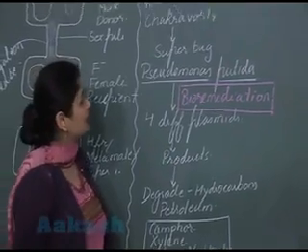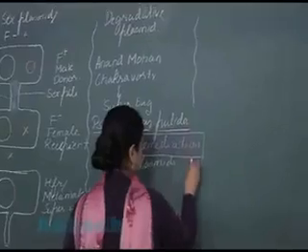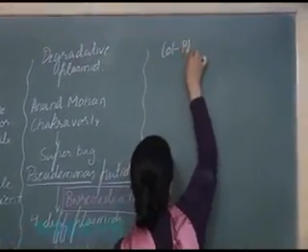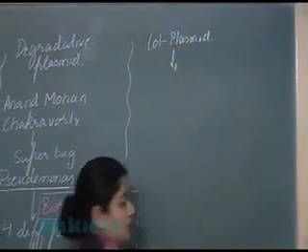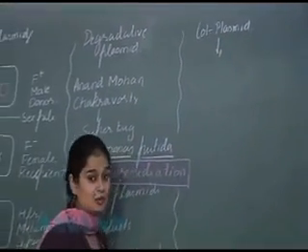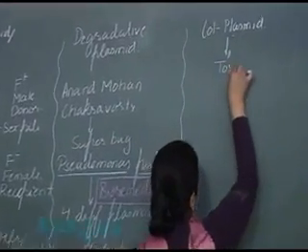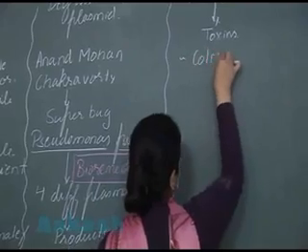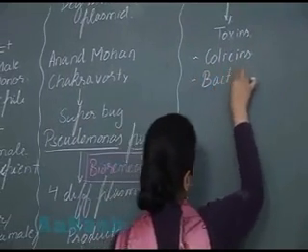Now after the degradative plasmid, the next category is called the Col plasmid. The bacteria which has the Col plasmid will form toxins. The name of the toxin is colicins or bacteriocins.